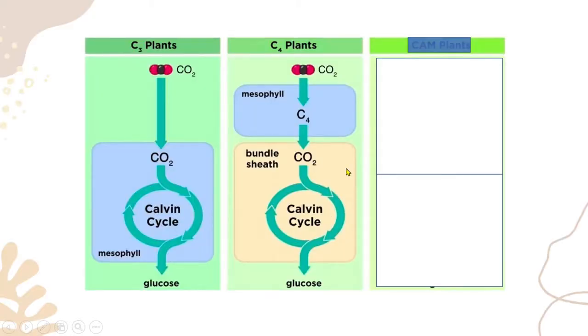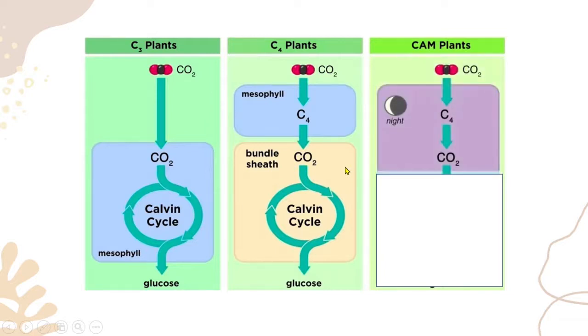On the other hand, the third one, CAM plants, have a strategy that is almost the same. Carbon dioxide is also fixed into a 4-carbon molecule, but the difference is that the C4 plants fix it into a 4-carbon molecule in a mesophyll cell, and then release the carbon dioxide in the bundle sheath.